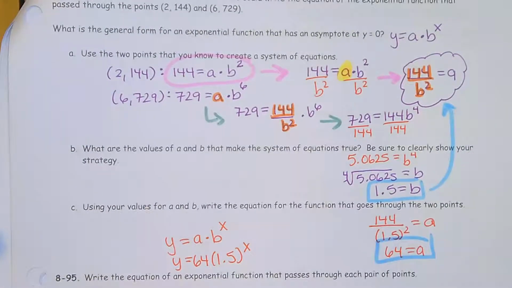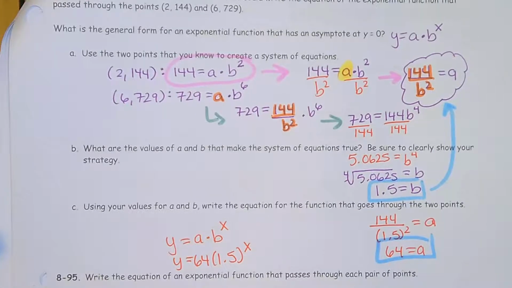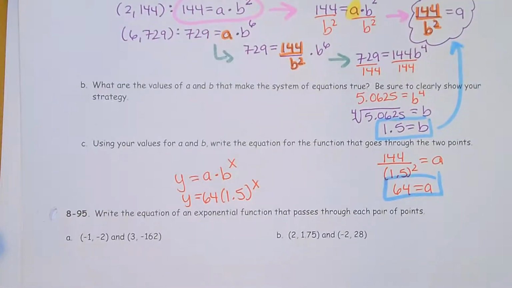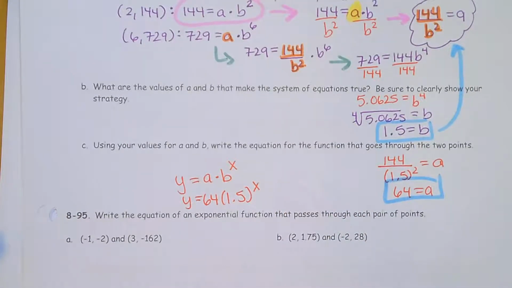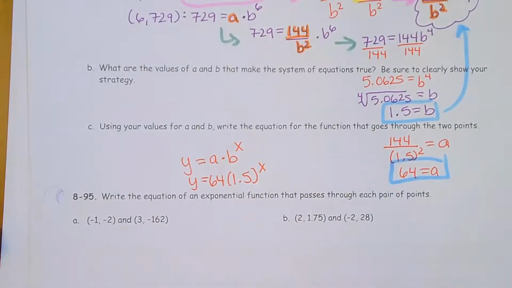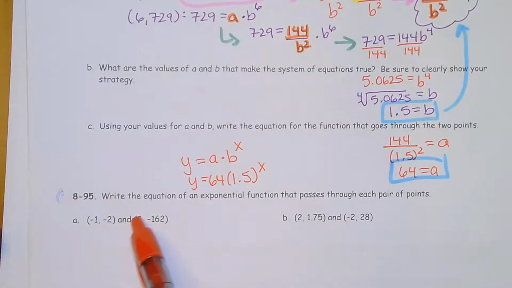So now, you guys are going to try on 8-95, A and B using the same method I just used here. So again, you can pause the video, try A, play it back, see my answer.